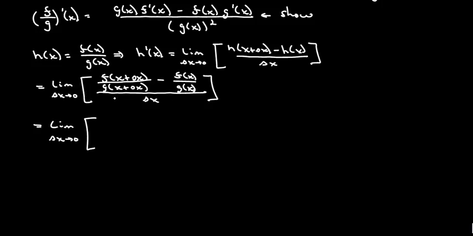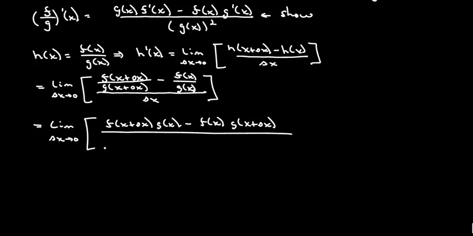Now in here, we need a common denominator. So what I have is the following. It's f at x plus delta x times g of x minus f of x times g of x plus delta x over delta x times g of x plus delta x times g of x.